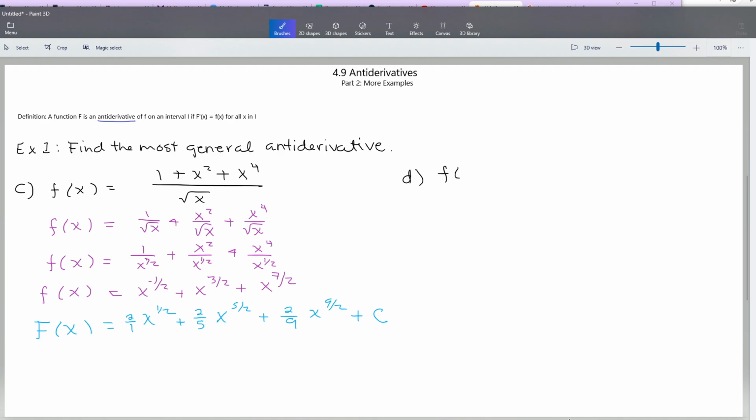Okay, let's look at one more example like this. Now, when we look at the antiderivative for x squared, we know that we are going to use the same rule that we used with the other power functions.